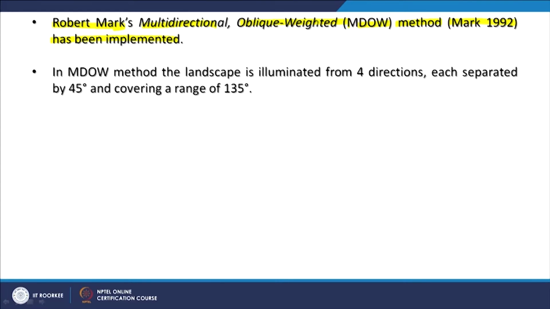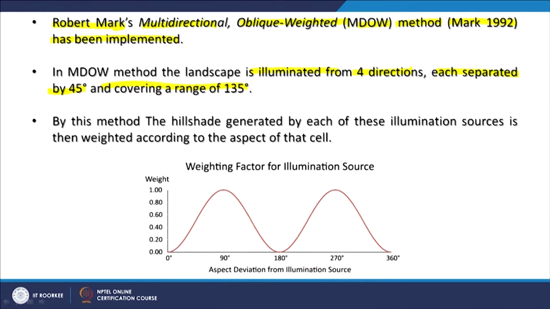Now, in the MDOW method the landscape is illuminated from 4 directions, each separated by 45 degrees and covering a range of 135 degrees, like here. Like what you are seeing here, this is 45, so this is 180 degrees, then again another 180 degrees, total 360 degrees. So the aspect deviation from the illumination source is computed and weights are given.